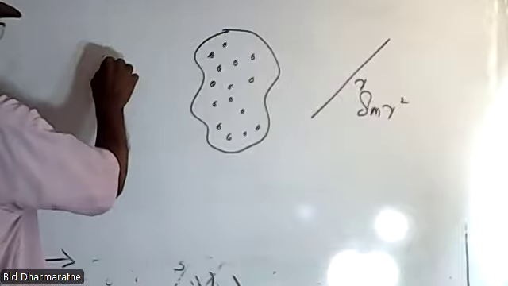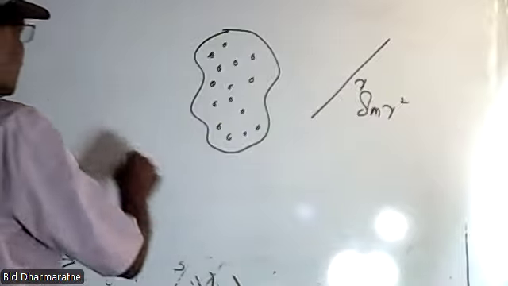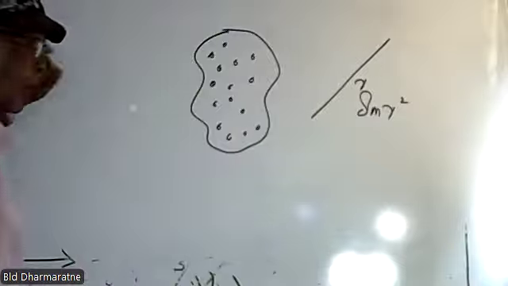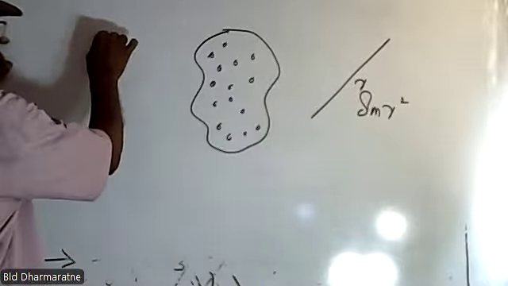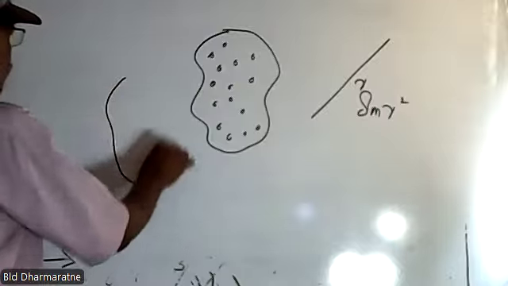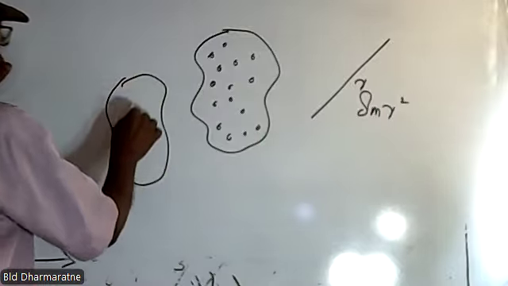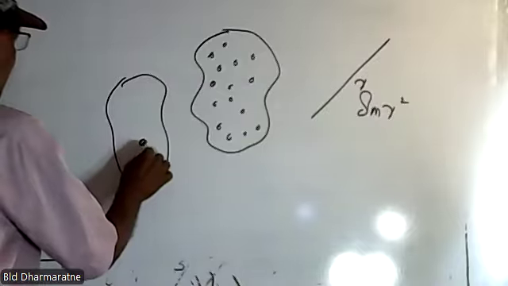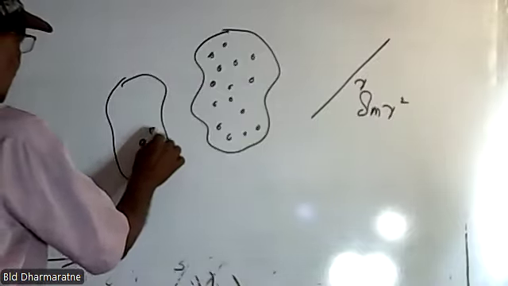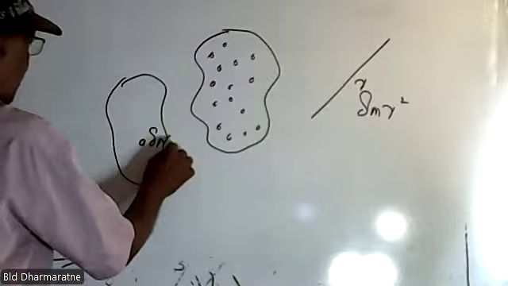This is for a body rotating about an axis. In the body, take a small particle, delta m, one of delta n particles.